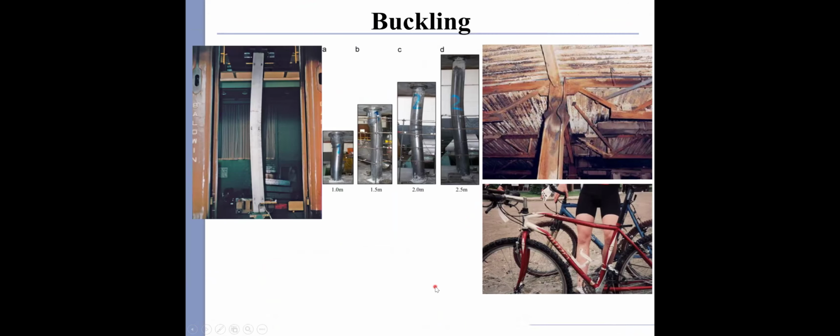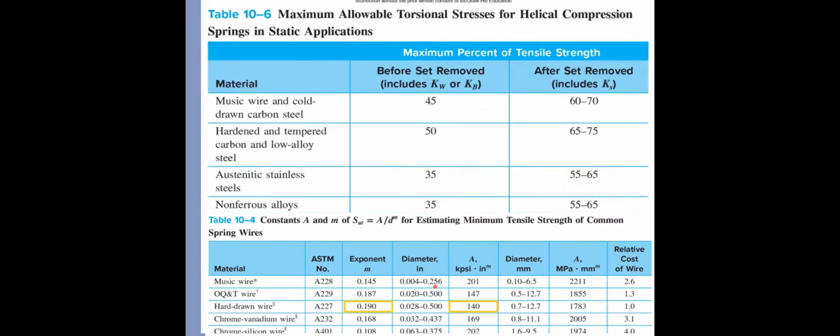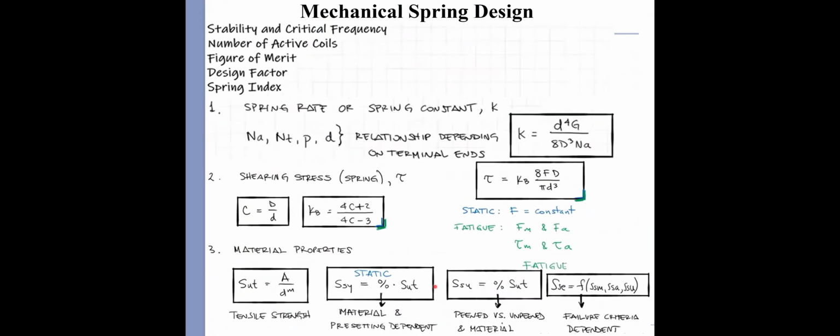So in this case, it's for the very high spring index and the very low spring index. In fact, the low spring index has been, as I mentioned previously, here, right?